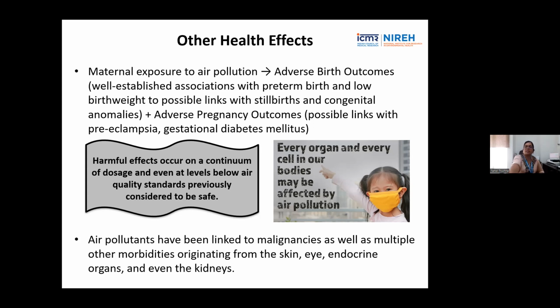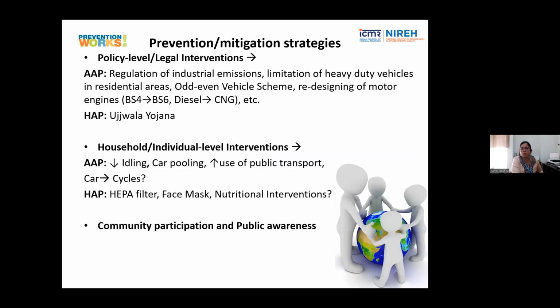So in India, like some of you mentioned, we have this change in the motor vehicle designs, BS4 to BS6, diesel to CNG, electric. And regulation of heavy duty vehicles in residential areas, regulation for industrial emissions, and for households, we have the Ujjwala Yojana. But more importantly, we have the National Clean Air Program.